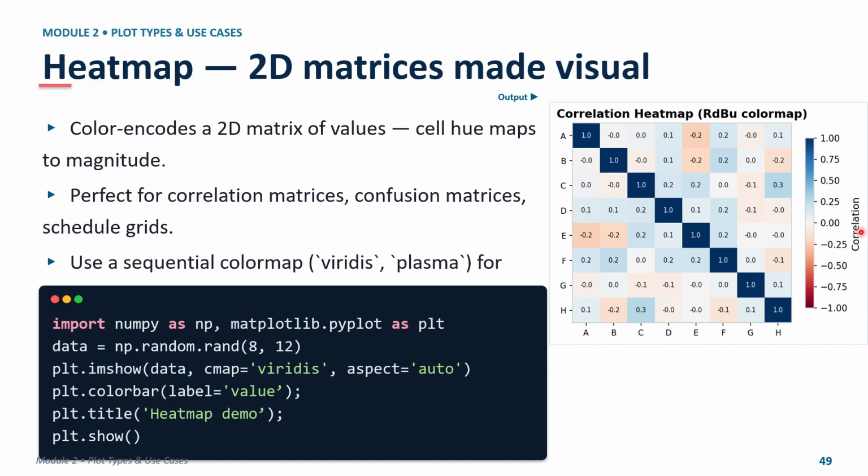When you have many numeric variables, you can compute a pairwise correlation. Say you have A, B, C, D, E, F, G, H and other variables which you can map out pairwise. For A and A, the correlation value is 1 because it is perfectly correlated.